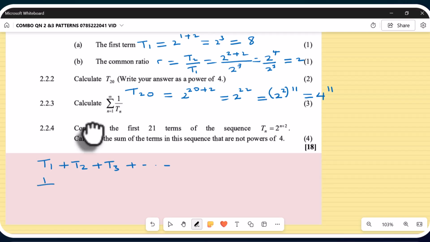Now they want the sum of the terms that are not powers of 4.